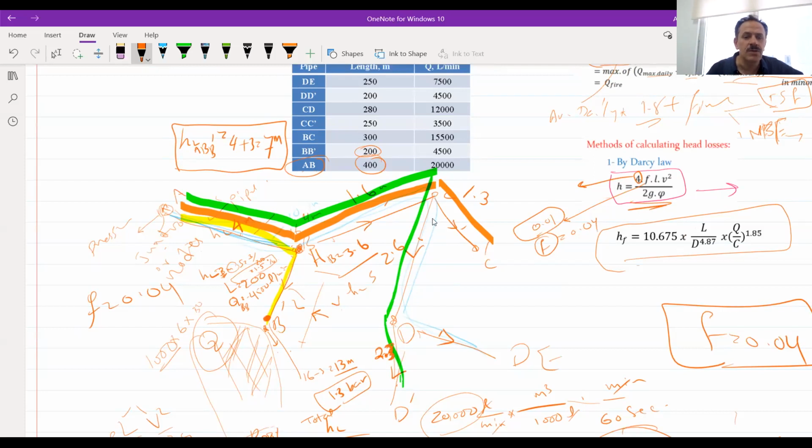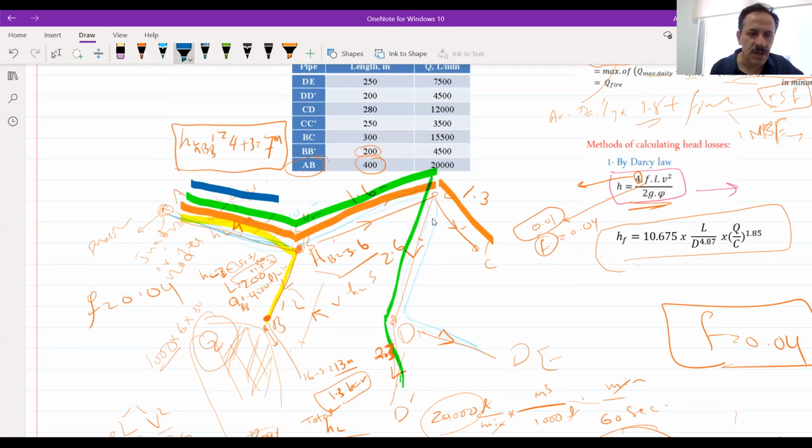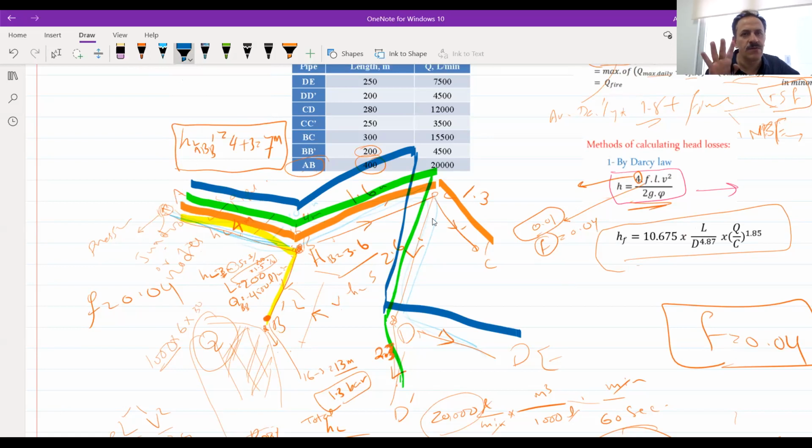Among those 4 routes, there will be 4 total head losses, right?